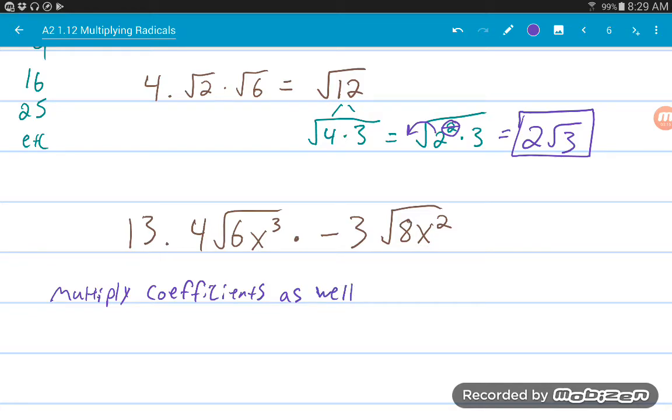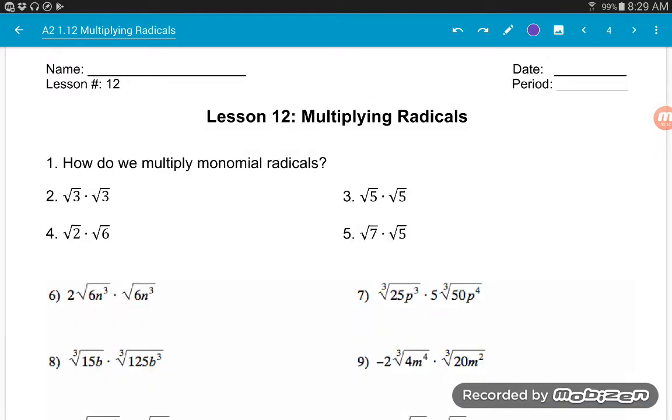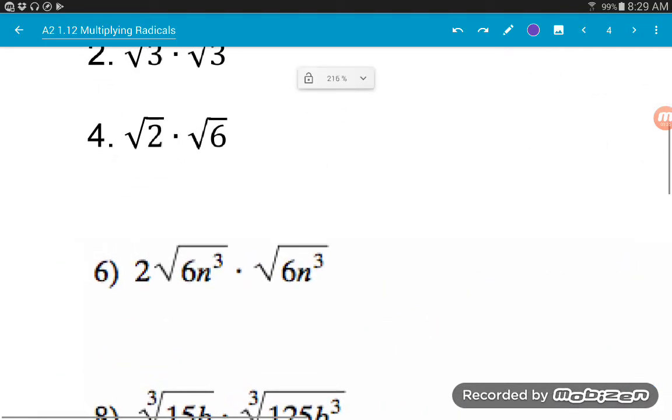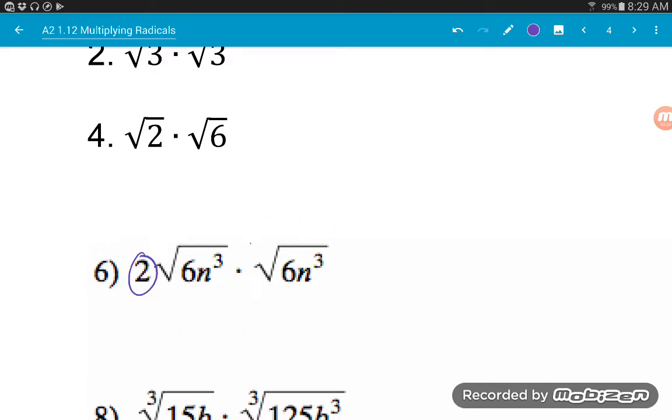If there is no coefficient, assume it's a 1. So like, back to a different example, if I was multiplying like for number 6, right? 2 times, oh wait, there's no coefficient here. There's basically an imaginary 1, so it would be like 2 times 1.